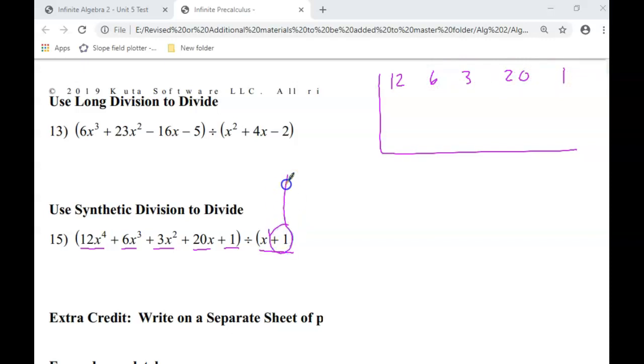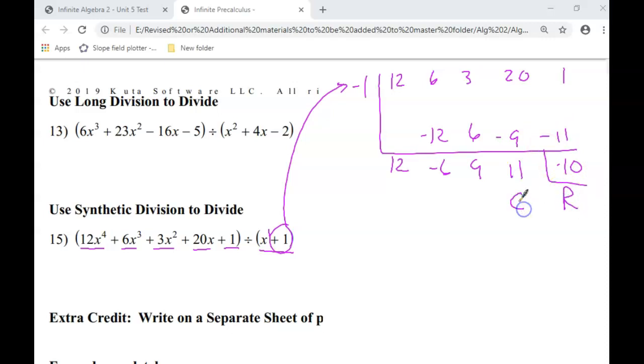Then you take this number but change its sign and put it there. Bring this number down, multiply, down, multiply, down, multiply, down, multiply, down. This number is always your remainder. This is always your constant.